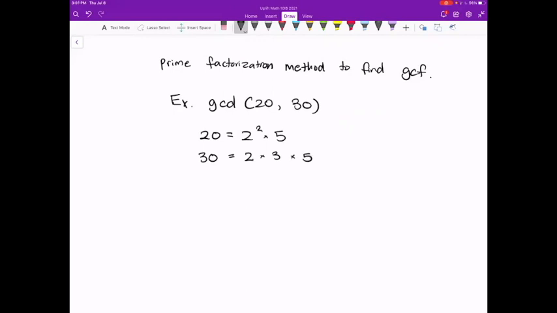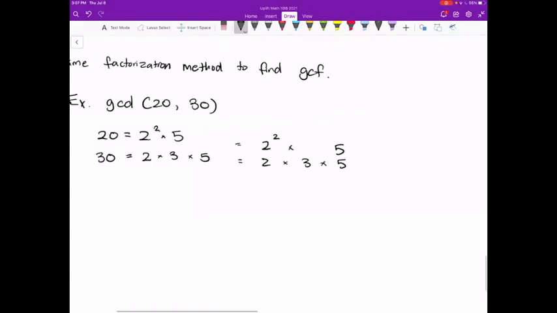And then what we do is spot common factors. In this case, 2 is common to both, and 5 is common to both of the numbers. We always take the lowest exponent. So we don't take out 2 squared, but we take out 2. Kevin is doing the aligning method that he always uses. Just so it's easier, we want to align these numbers so they have the same base.